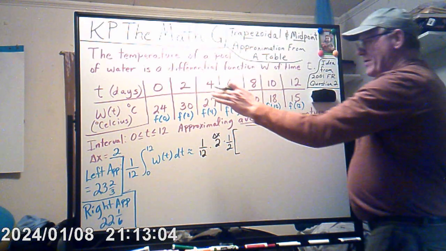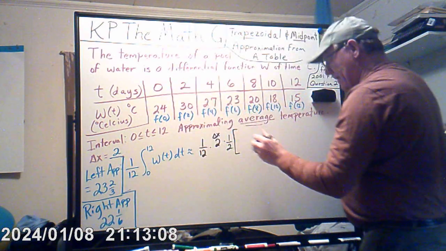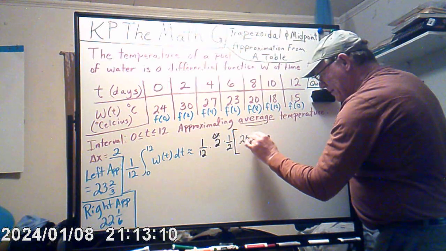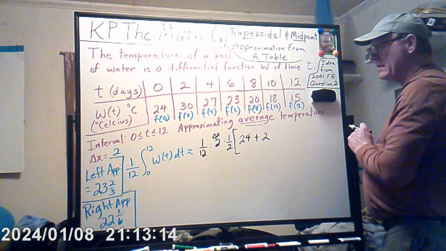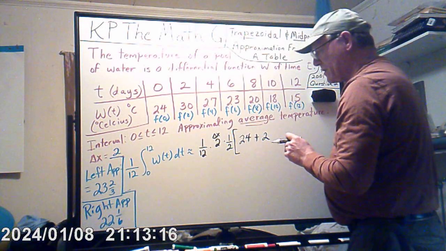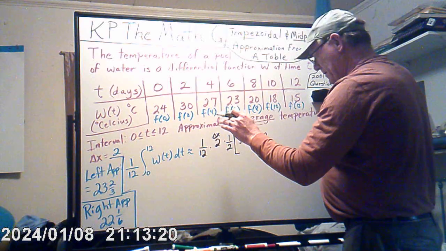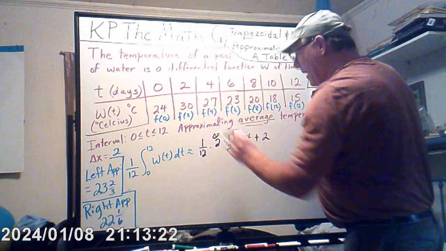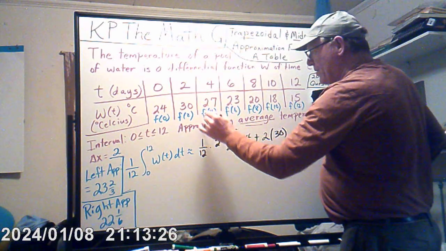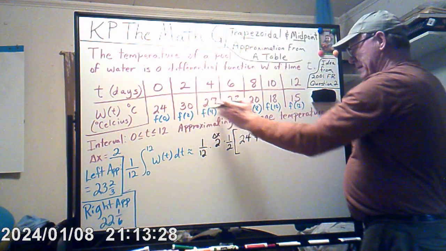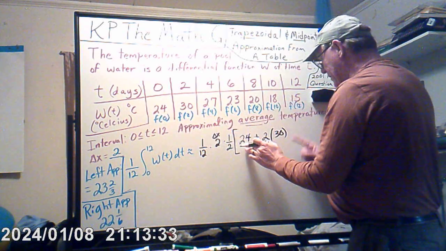Now, let's see. The very first one, it is F at 0, which is 24, plus 2 times 30. Everything is 2 times in between, and then at the 2 ends, you just have the end values.